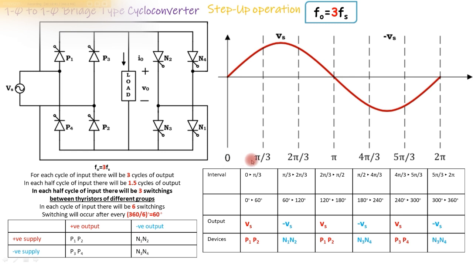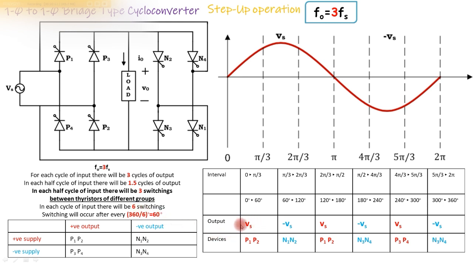First is from 0 to 60 degrees, then 60 to 120 degrees, 120 to 180 degrees, 180 to 240 degrees, 240 to 300 degrees, and 300 to 360 degrees. We have to obtain 3 times the input frequency. So there will be 3 cycles. Since there are 3 cycles, there will be 6 switchings. So switchings will be like this.